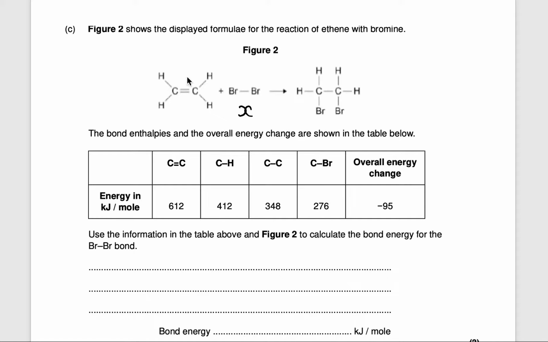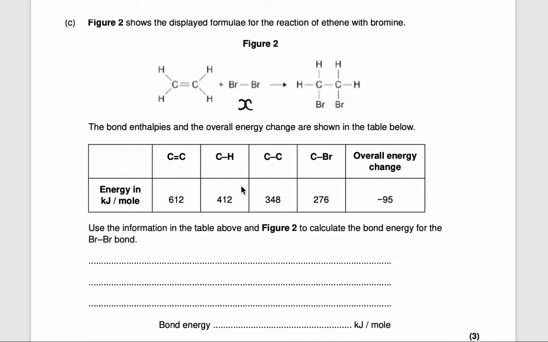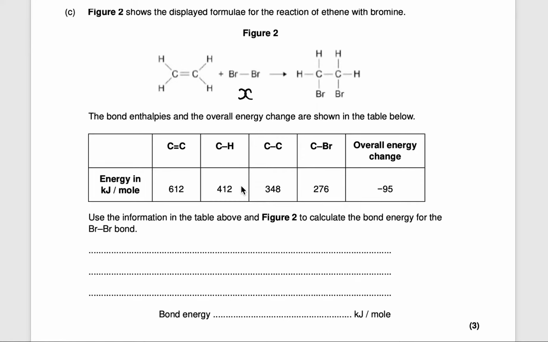Okay, now let's see how many bonds, and we're going to write out something which we can type into the calculator. This question is worth 3 marks. So first of all, there's a double bond between C, and that's going to be 612. So we have 612, and then C is bonded with H, and that happens 1, 2, 3, 4.